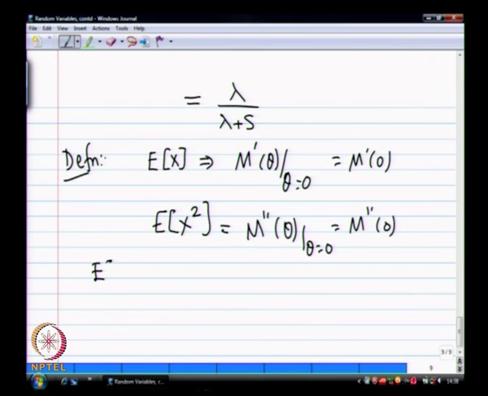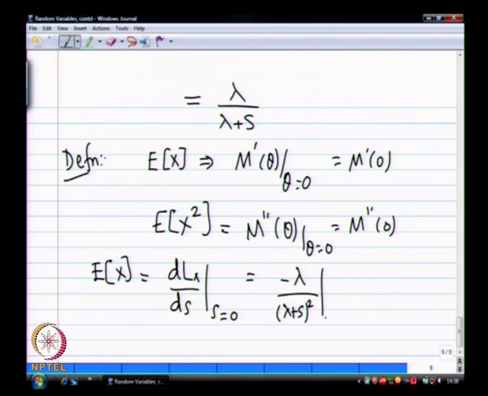Now in this particular case E of x equals d of your Laplace transform divided by ds, setting s equals 0, and that is nothing but minus lambda by lambda plus s whole squared at s equals 0.